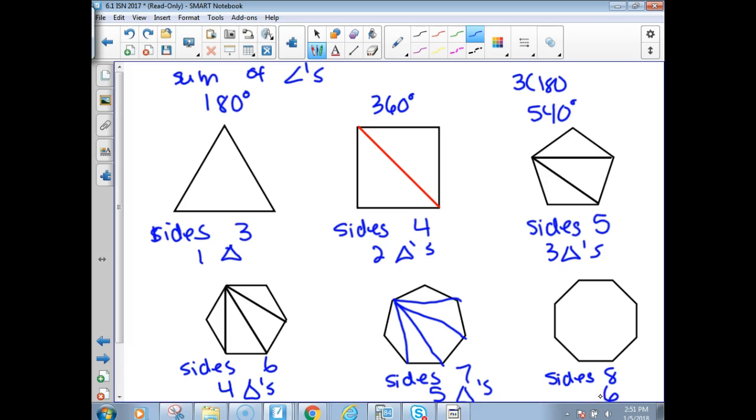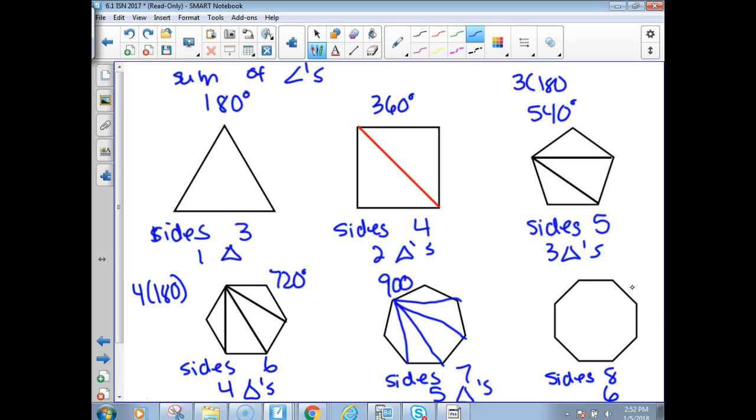There's a pattern. That's what we're looking for. Okay, so I want some help with a pattern for how I'm going to get these numbers. What's 4 times 180? That would be the angle measures of that one. 720. So we're adding on a triangle every time, right? But I don't want to work with just adding on because that will be much harder if I say, well, how much do the angles add up to in a 20-sided figure?